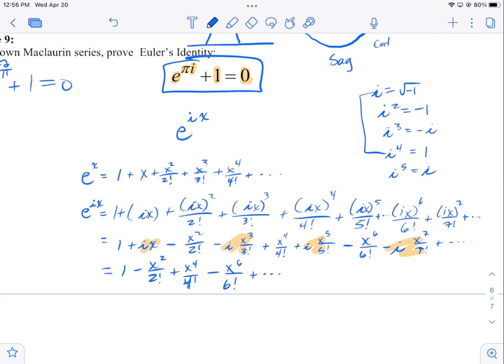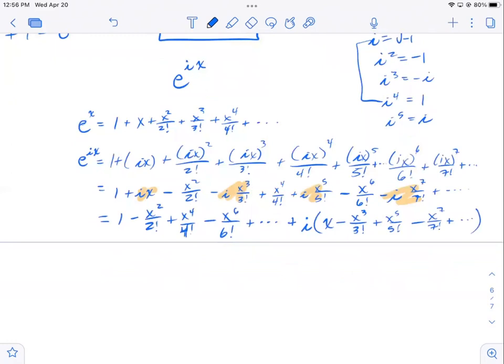And now plus, I'll pick back up with the i terms, and I'm going to factor out the i from all the terms that I highlighted: i times the quantity x minus x cubed over 3 factorial plus x to the 5th over 5 factorial minus x to the 7th over 7 factorial plus yada, yada, yada.